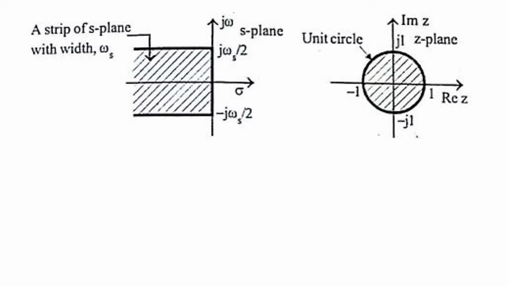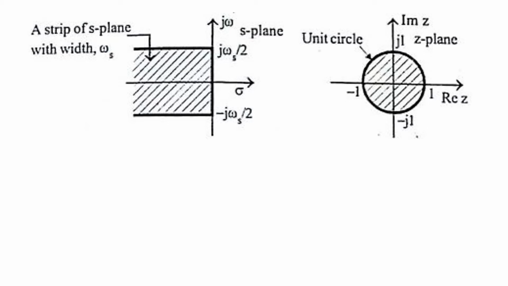So when you come over to the discrete time system, you have a unit circle, and if the roots lie inside this unit circle, we can say the system is stable. And if it is on the unit circle, it is oscillatory, and if it is outside the unit circle, it is an unstable system. Okay, so here the striped plane indicates a stable system, that is the stability of the system in continuous time.